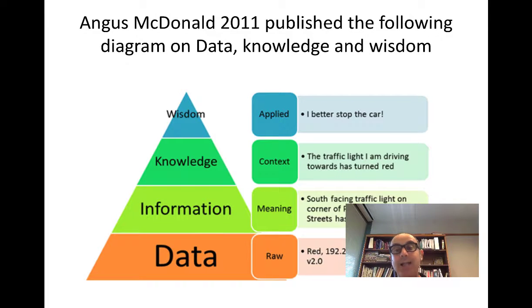We see that the traffic light I'm driving towards has turned red, and the meaning of it is that I need to stop the car in order to avoid an accident and doing some damage. So this is where data, information, knowledge, and wisdom come into play that we interact with on a daily basis.